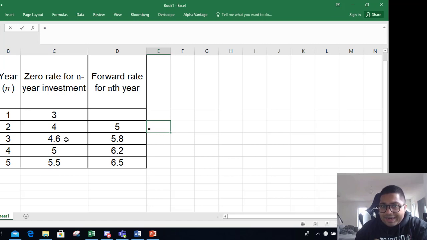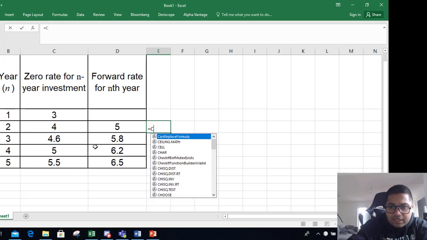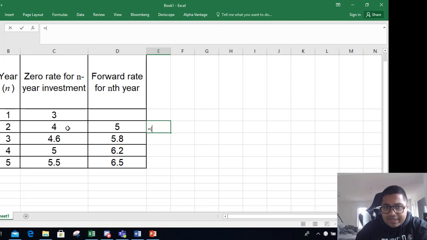I'll put brackets in. Sorry, it's a zero rate, not forward rate. So zero rate in the next period, I'll open the bracket, multiplied by the corresponding time period, minus zero rate in the previous period into time period, divided by the difference between time periods.